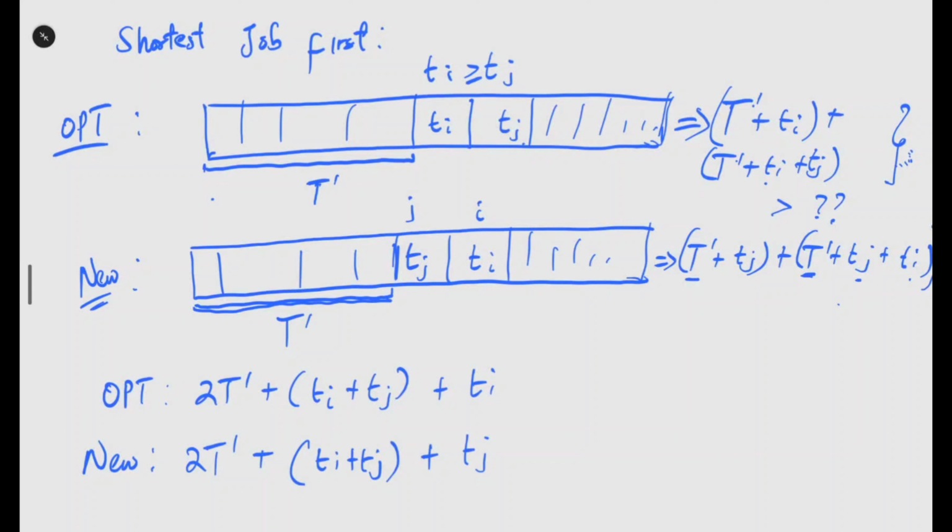So we see that if our assumption is that TI is greater than TJ, it means that our new algorithm has a smaller wait time than the OPT. I hope this is really obvious. If TI is greater than TJ, it means that everything from here to here for both algorithms is equal.